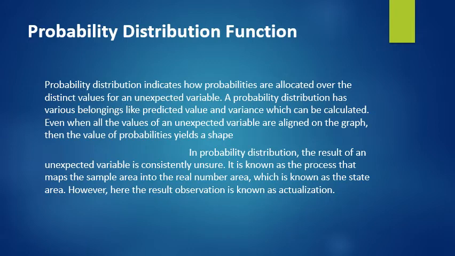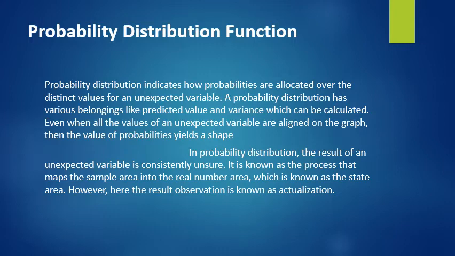Probability distribution function. Probability distribution indicates how probabilities are allocated over the distinct values for a random variable. A probability distribution function has various properties like expected values and variance, which can be calculated even when all the values of the random variable are aligned on the graph.